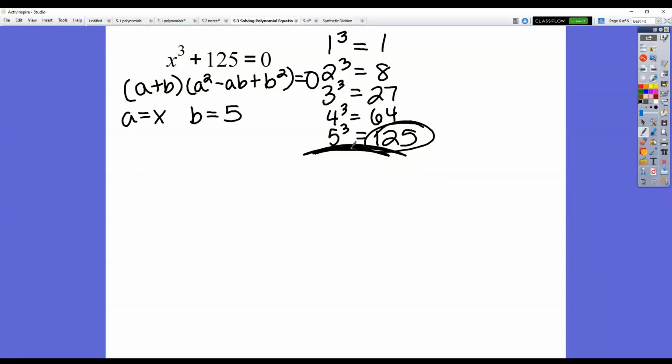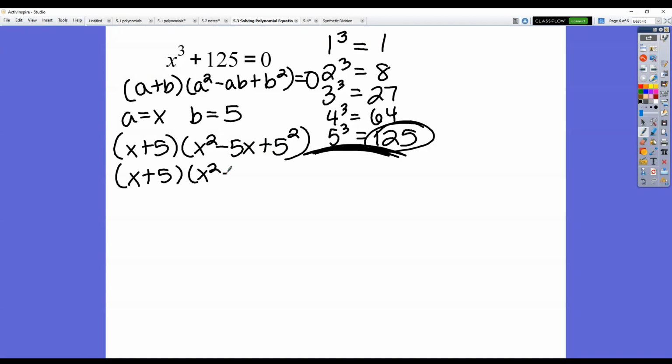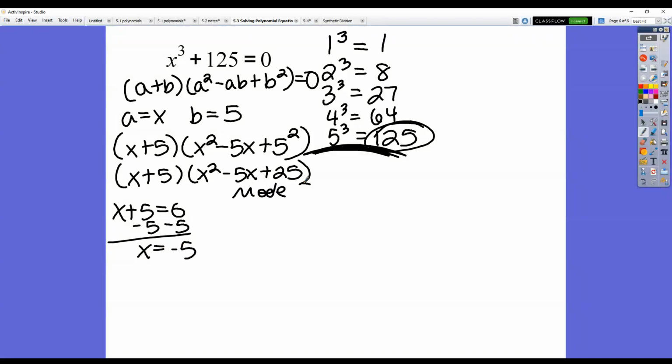This is where I'm getting the 5 from. Then we do mode 5, 3. 1, -5, and 25.